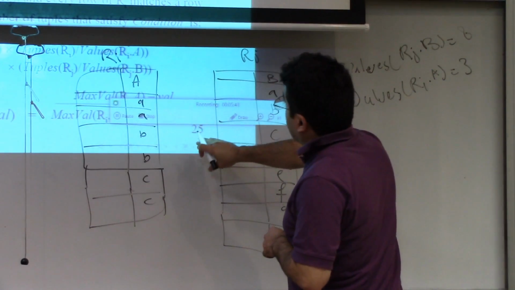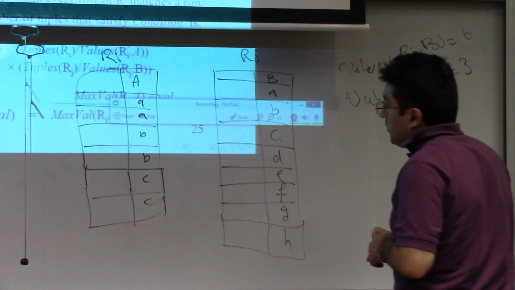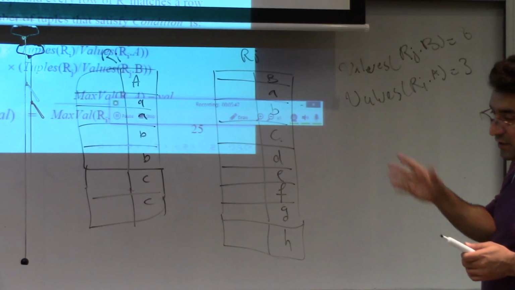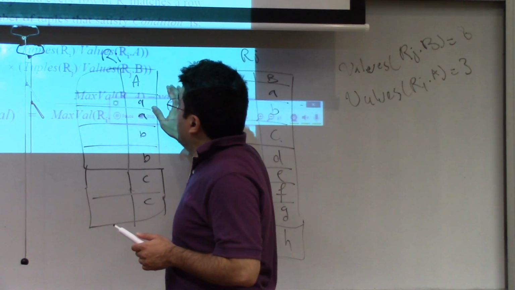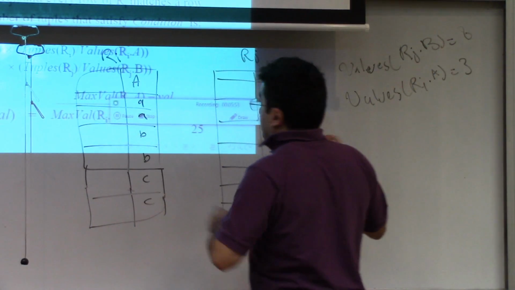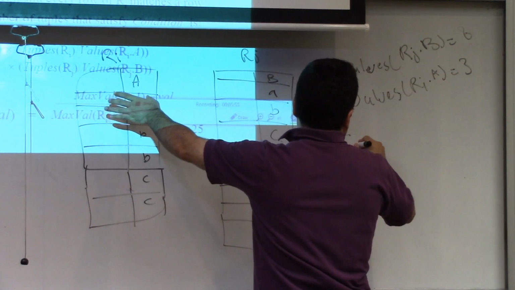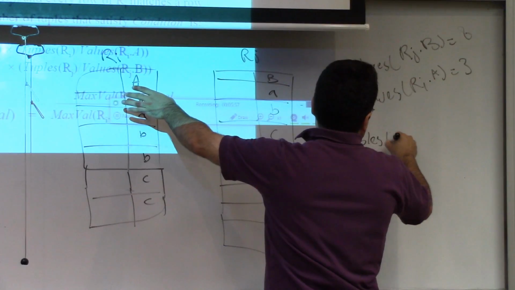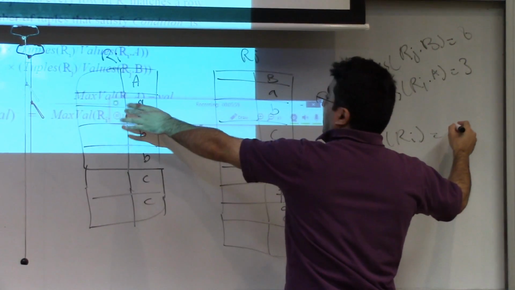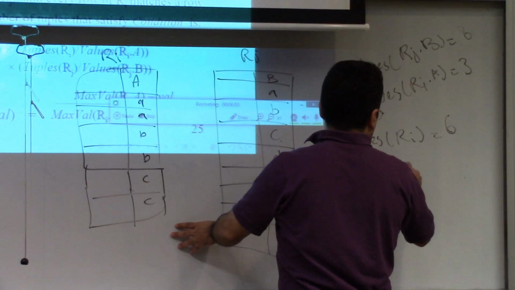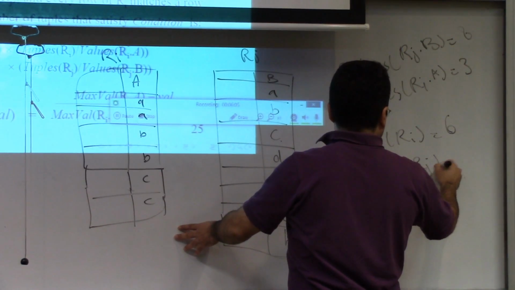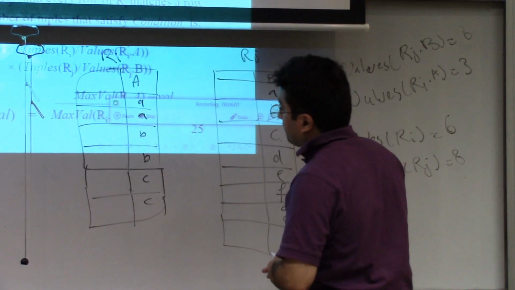So here you see that based on our assumption we took Ri, the relationship with less amount of tuples. What is the tuples of Ri? 6. What is the tuples of Rj? 8. Okay.